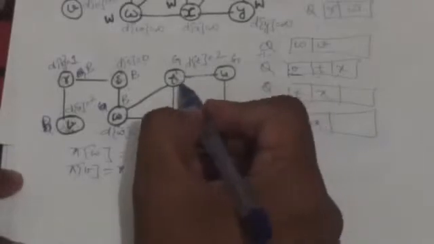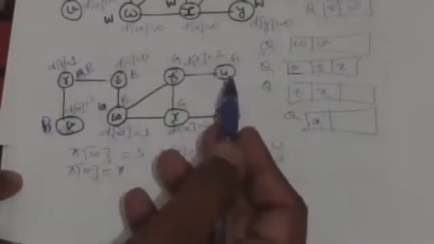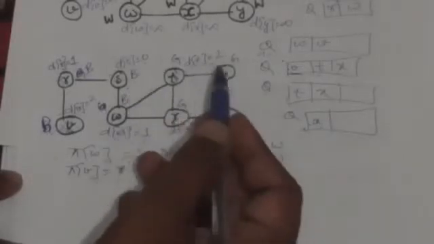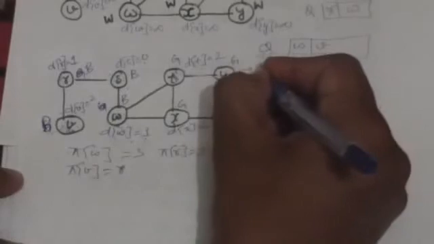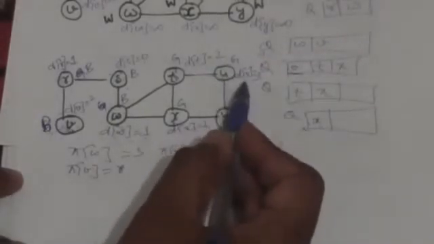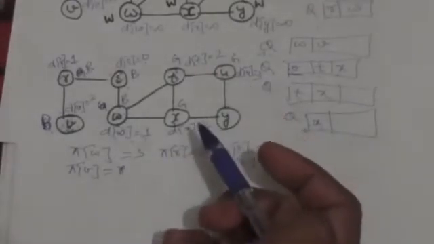Distance of vertex t from source vertex s is 2. Therefore, the distance of vertex u from source vertex s will be set to 3. So the value of variable du has been set to 3, right?